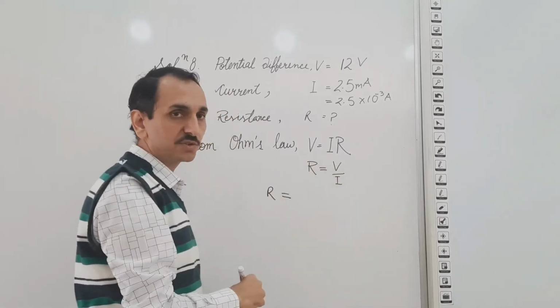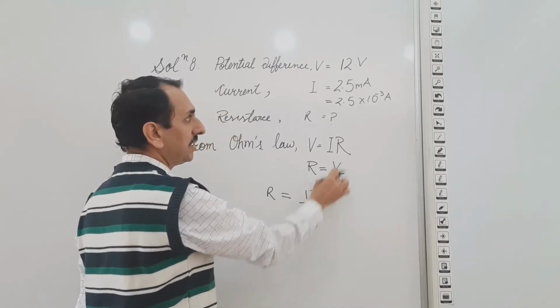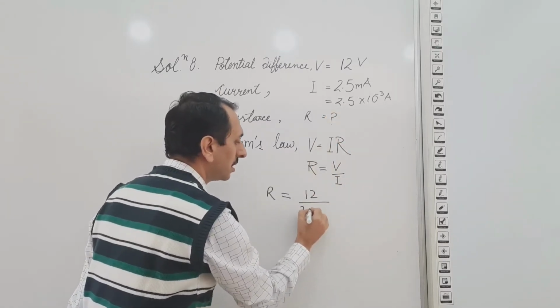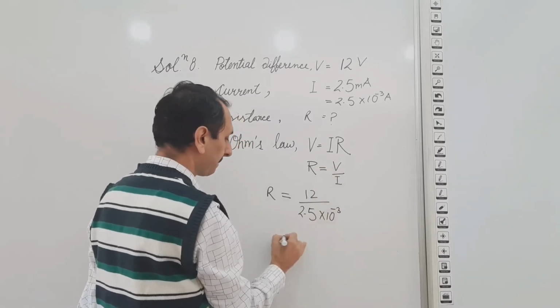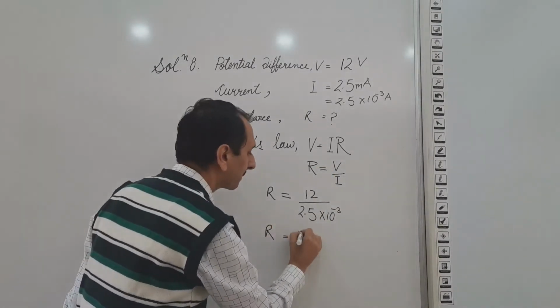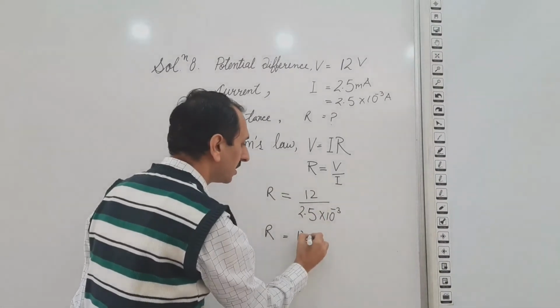Let us fill the values. V is 12, I is 2.5 into 10 raised to power minus 3. First of all, we will remove this point.